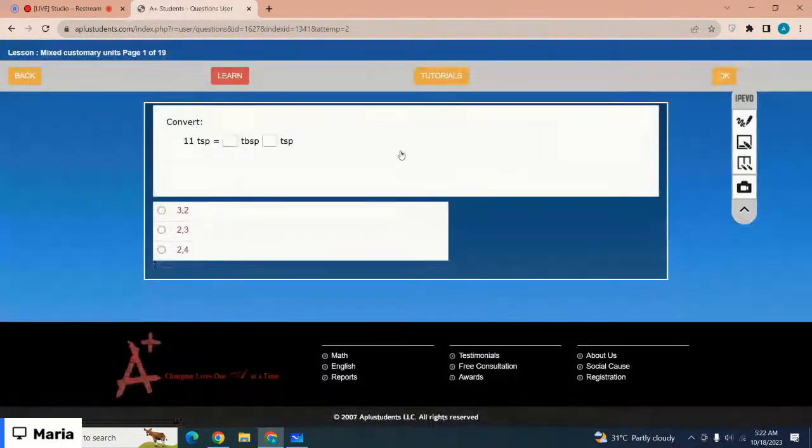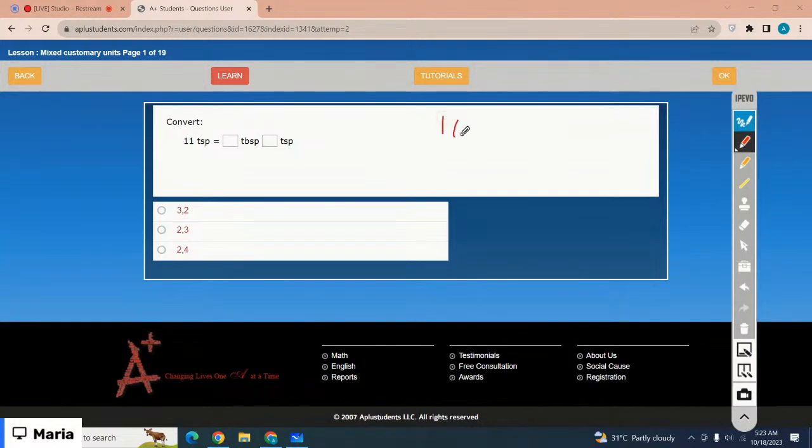Okay, 11 teaspoons equal how many tablespoons and teaspoons? 1 tablespoon equals 3 teaspoons, right? Here you have 11 divided by 3, so 3 times 3 is 9 and you have 2 left.